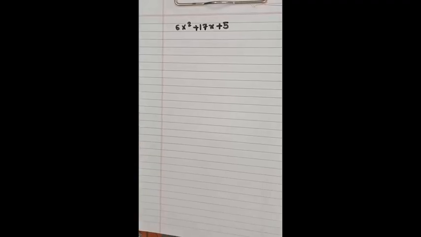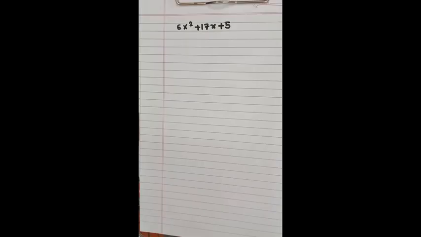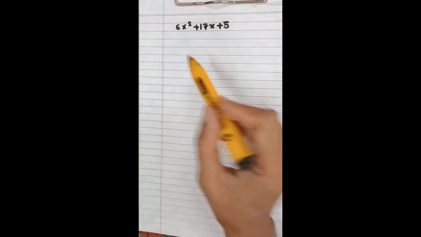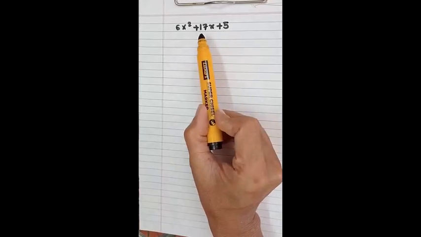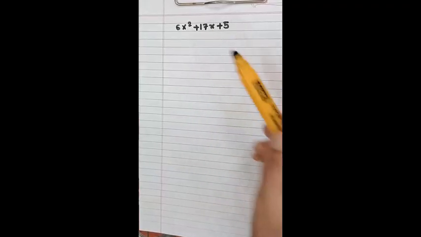Now see how to use this in an example. You have the example: factorize 6x square plus 17x plus 5. So what you have to find is the splitting of the middle term such that the product is equal to a into c, and the sum of the two numbers is 17.